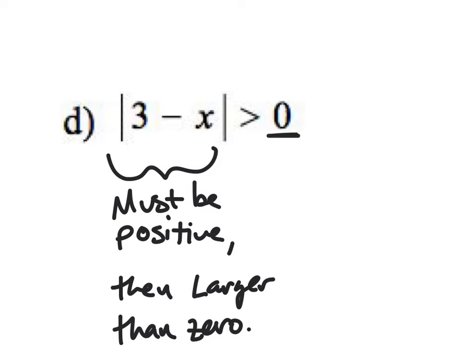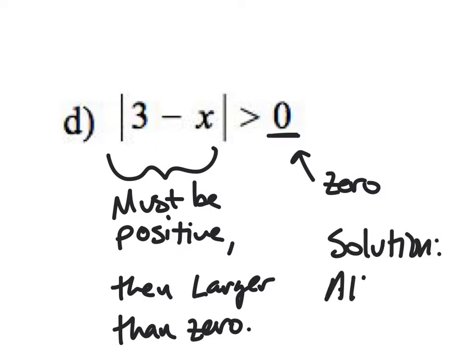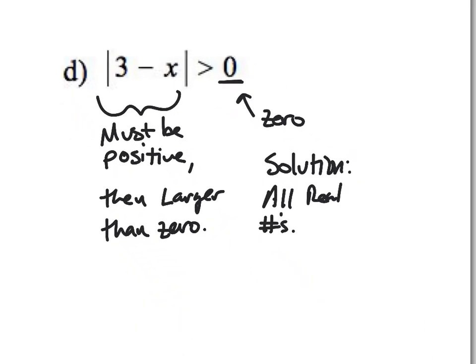And that's what's happening. Since we are larger than 0, this part is always going to be larger than 0. So what I want to say here is my solution set is all real numbers, except for one number technically, which is 0.